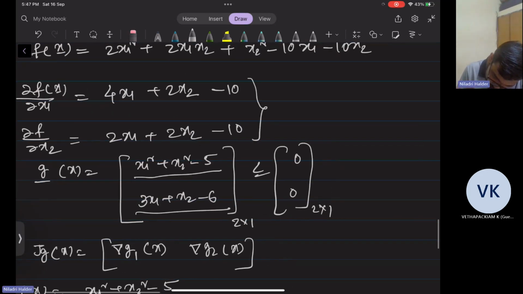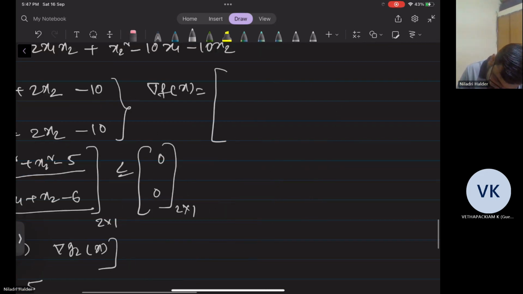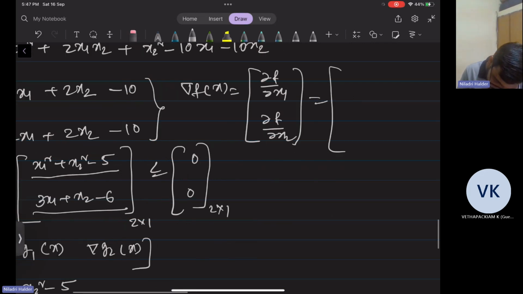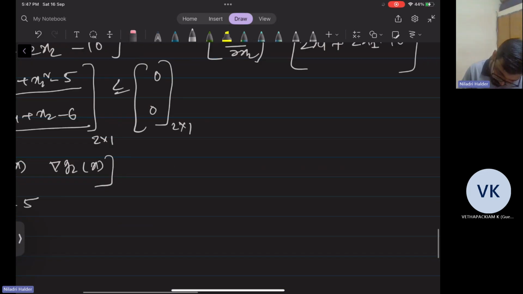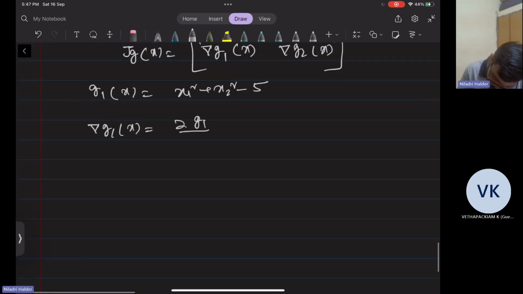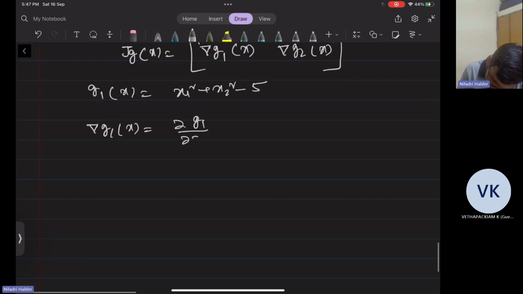By this we can write the gradient of f(x) as del f del x1, del f del x2, that is equal to 4x1 plus 2x2 minus 10, 2x1 plus 2x2 minus 10.